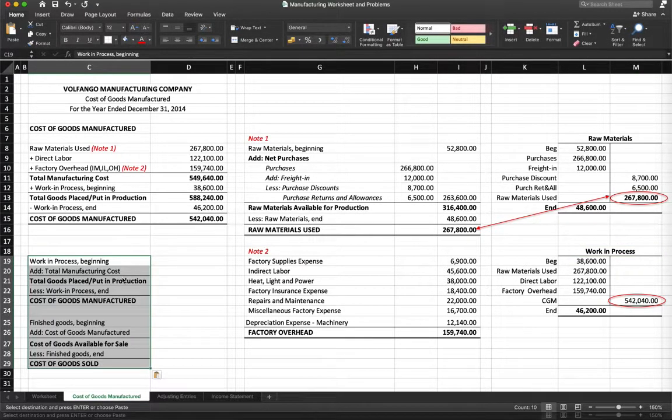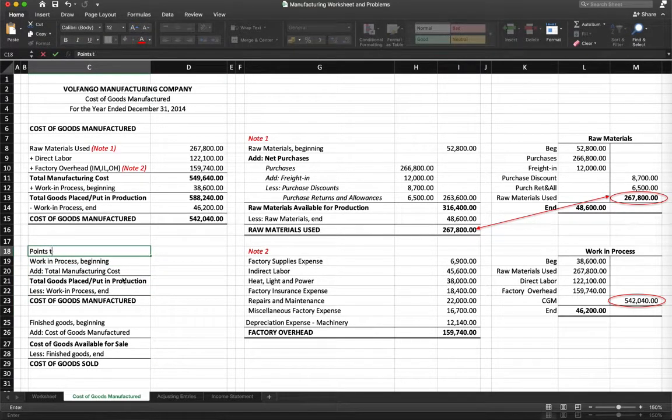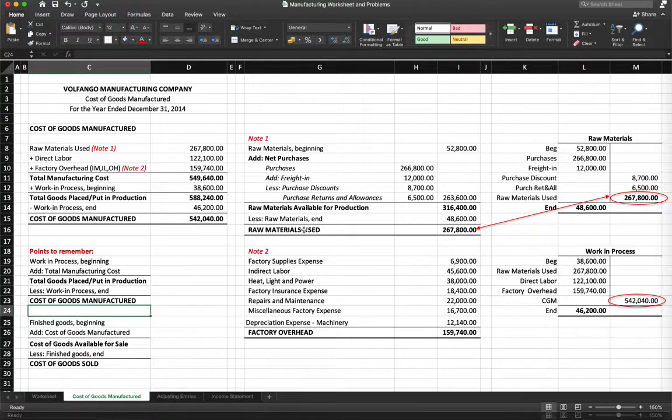Nilagay ko dito, ha? Points to remember. Yan. You have to remember this. This is how to compute for raw materials used. This is how to compute for cost of goods manufactured. This is how you compute for cost of goods sold.